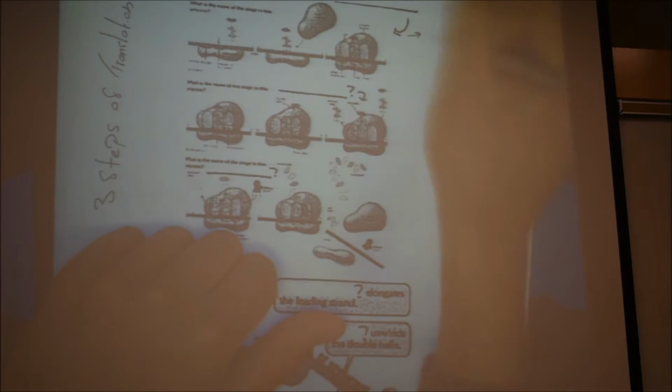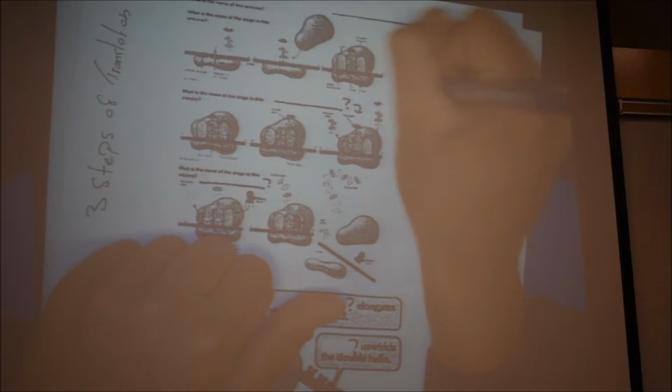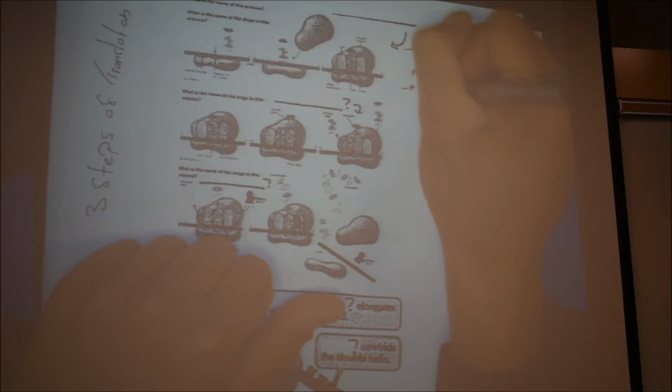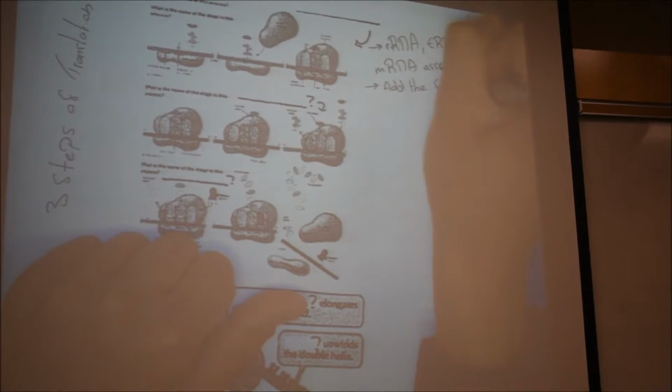The things that are happening include rRNA and tRNA and mRNA assembly. The second thing that's going to happen is you're going to add the first amino acid.